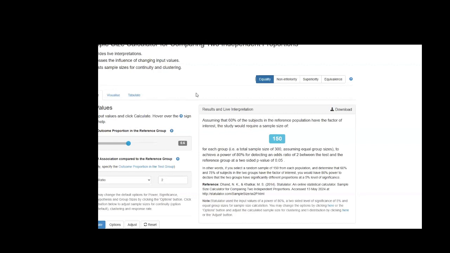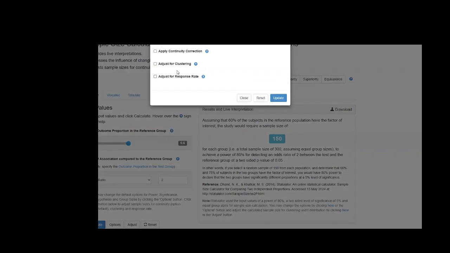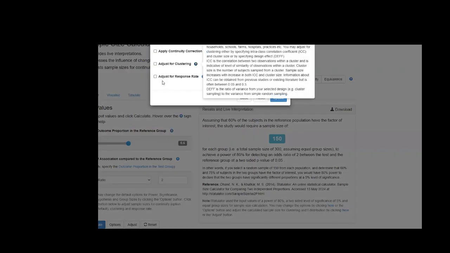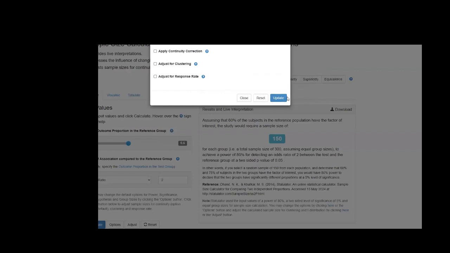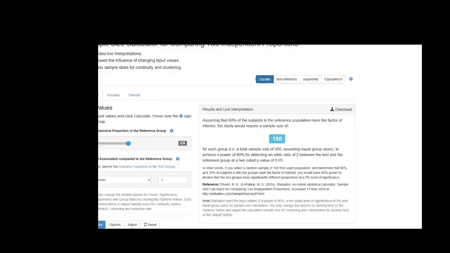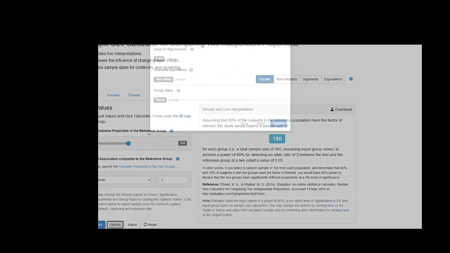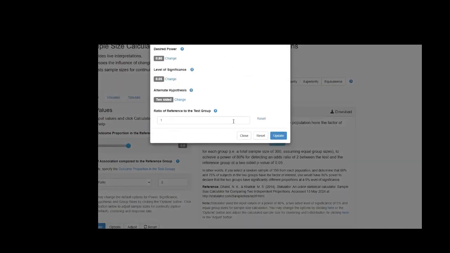I hope you understand the meaning of the odds ratio and relative risk, and now you can easily use this calculator. And if you want any adjustment, continuity correction, adjustment for clustering, adjustment for response, you can update that. Another option is that in a case control study, you have an option for selecting the ratio.